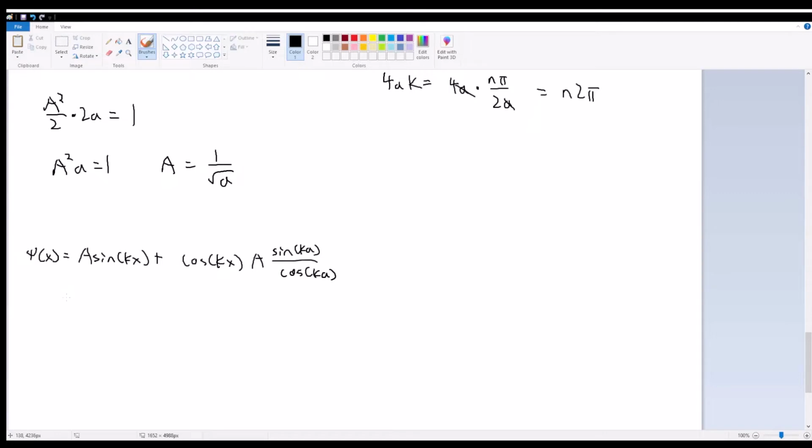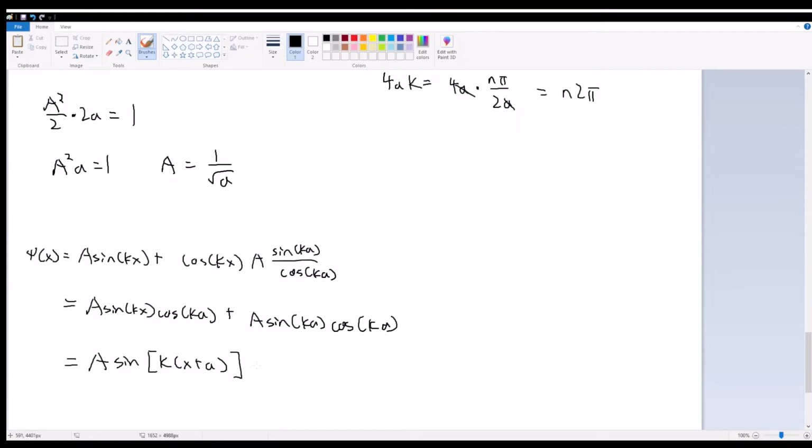Then we get A sine Kx cosine Ka plus A sine Ka times cosine Kx, which equals A times sine of k times (x + a), and then redefining A as 1 over the square root of a. This is going to give us sine of n pi (x + a) over 2a.